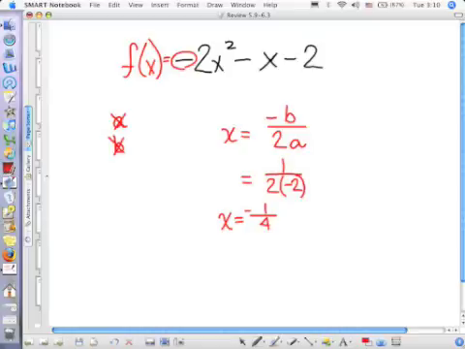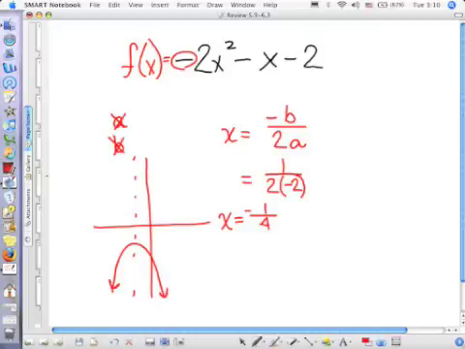That means that the center of my parabola is on the left side of the y-axis. Making D the correct choice for number 17.